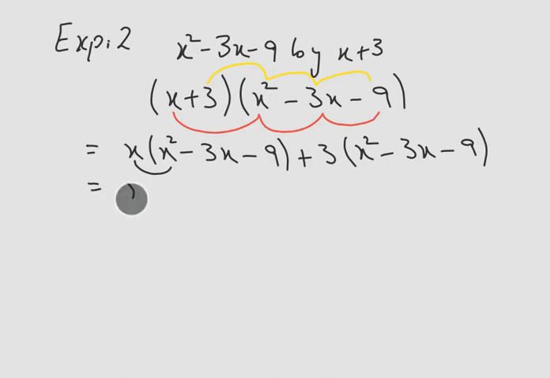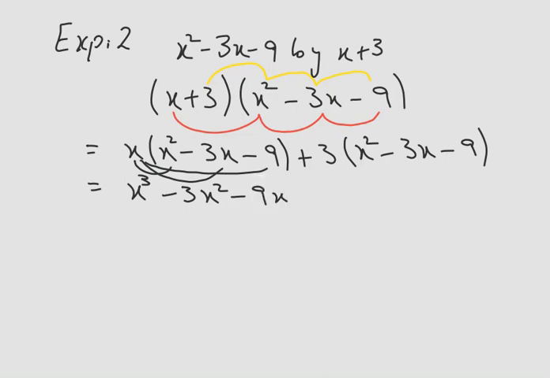So x multiplied by x square, we will get x cube. Bases are same, power will be added. Now x multiplied with minus 3x, we will get minus 3x square, because the coefficient of x is 1, and both are x, so power will be added. And again x will multiply with minus 9, so 9 ones are 9, so we will get minus 9x.